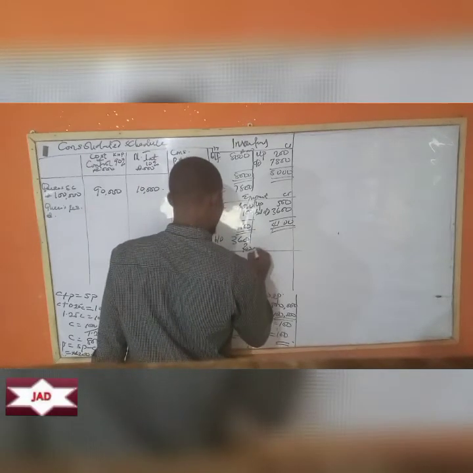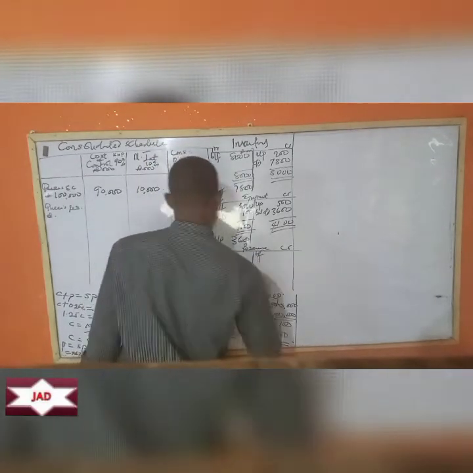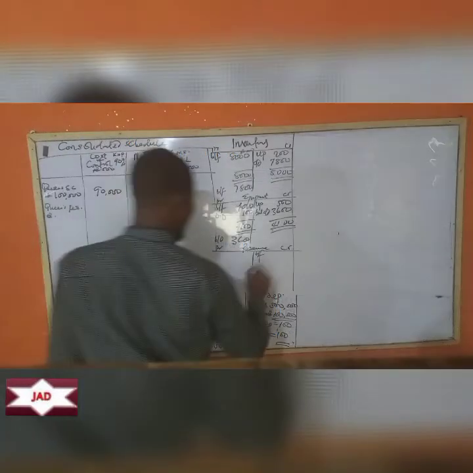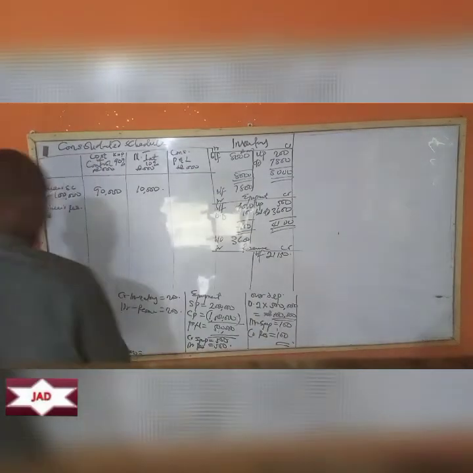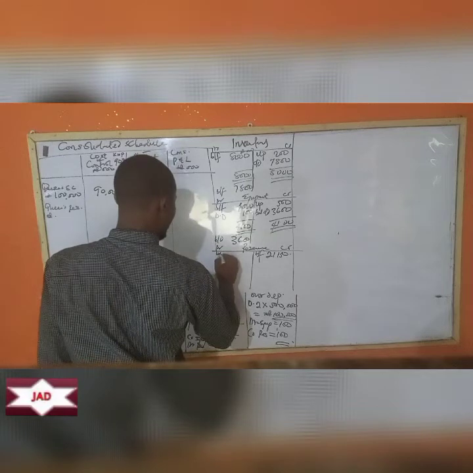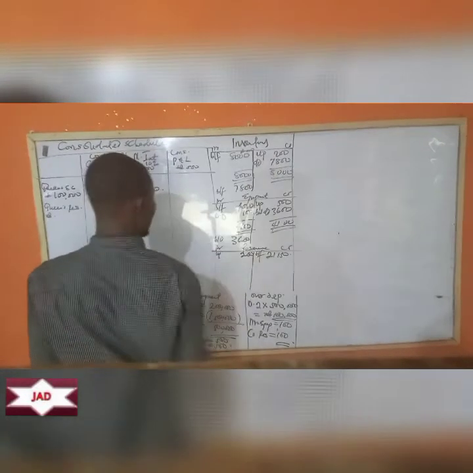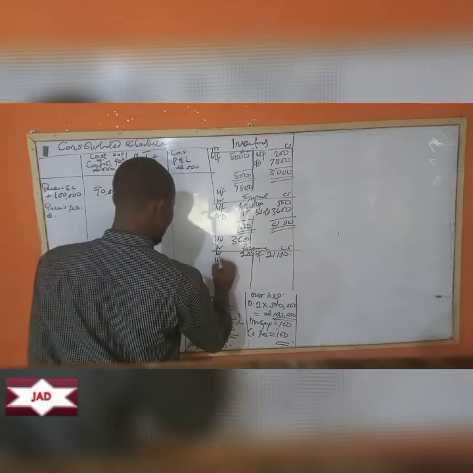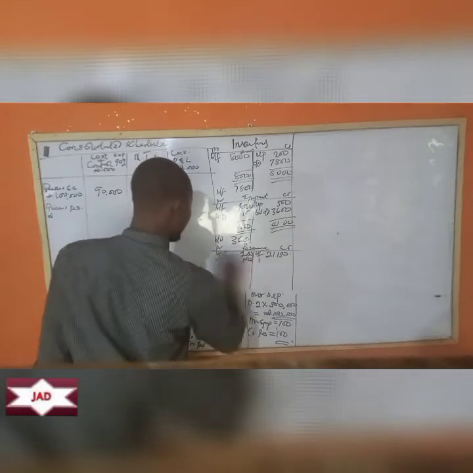So the next one now, our reserve. Let's open our reserve. That's the credit balance. What's the reserve of the subsidiary? 21,250. So we have 21,250. There's a debit here from inventory, so we have inventory 200. Then there's another debit from equipment, 500.